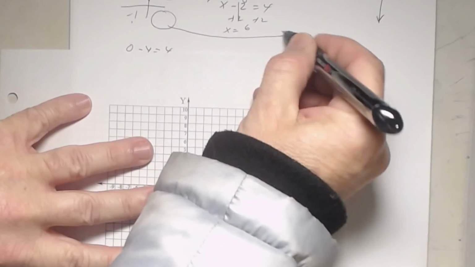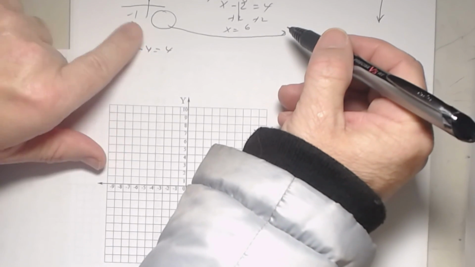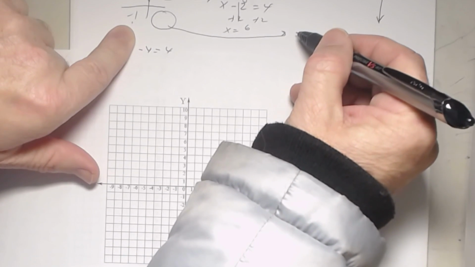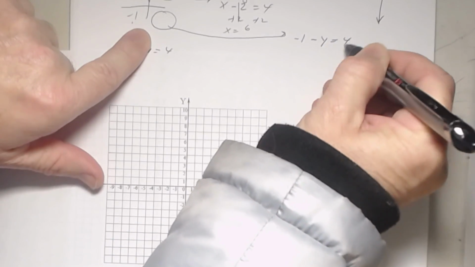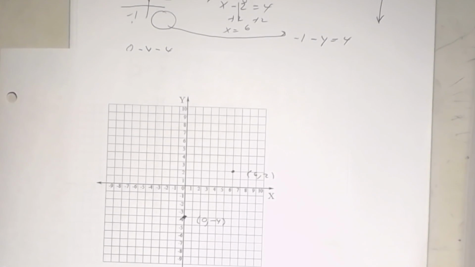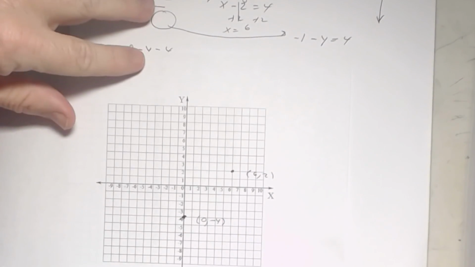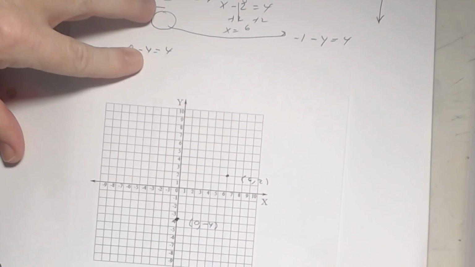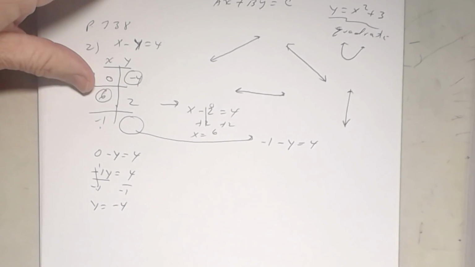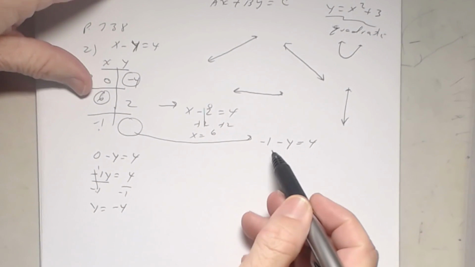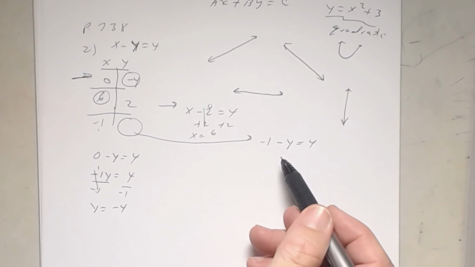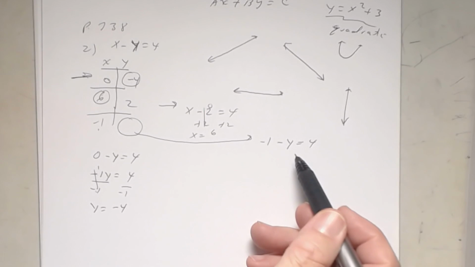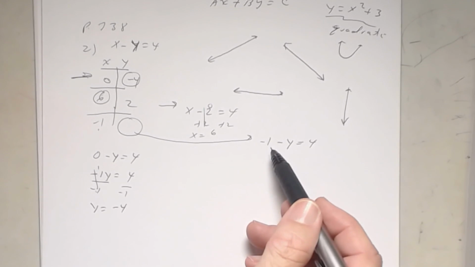So let's do that here. I've got to find y this time when x is what? -1. So I get -1 minus y equals 4. All right, now be careful. It does not matter whether you bring the variable to the right or the left.